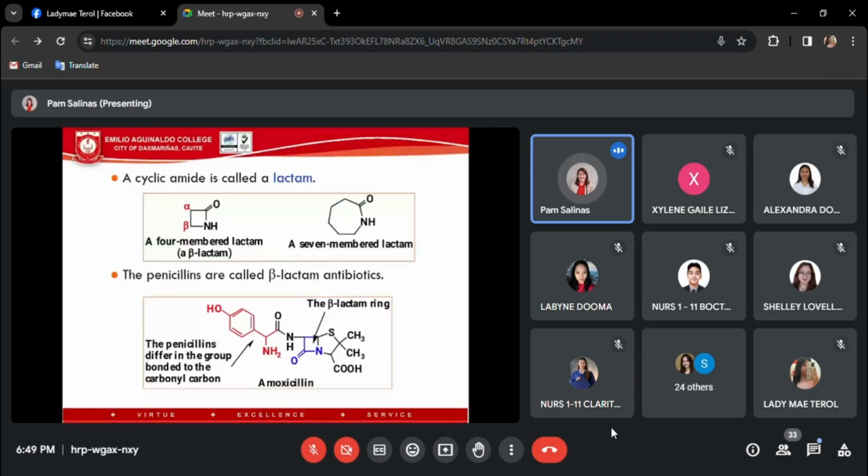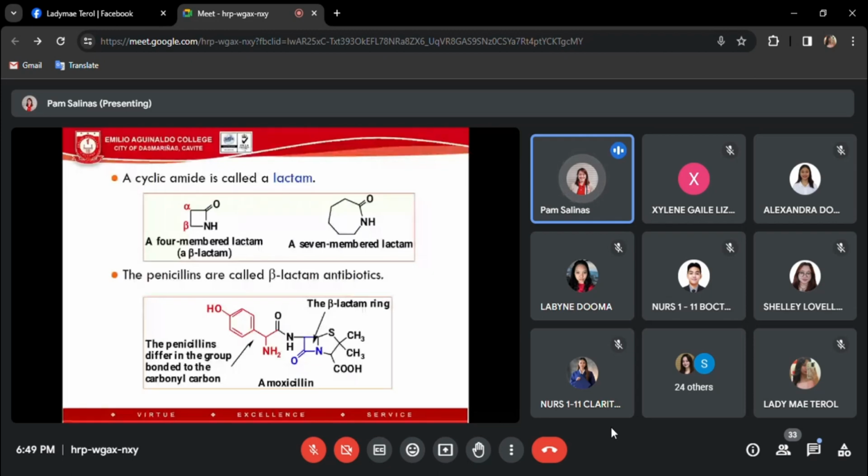So this time, lactam naman, if it is a closed chain amide, cyclic amide. So lactam, papalitan niya lang siya. Instead of lactone, gagawin niyang lactam. Diba? Dami alam ng mga chemists natin. So, ayan. This is easily identified. Why? Kasi it is a closed chain siya with double bond O. Tapos, instead of carbon, meron nakalagay na NH.